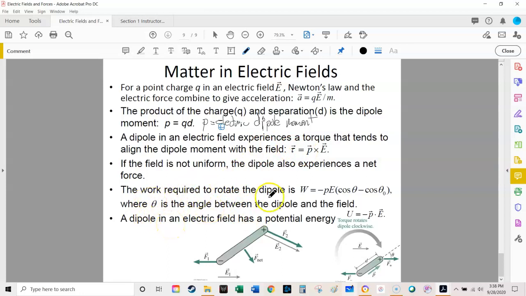We're going to do the work and electric potential energy a different way by using energy and voltage later on in the next chapter, but I wanted to point this out. So that's what you're doing when you're placing a dipole in an electric field.